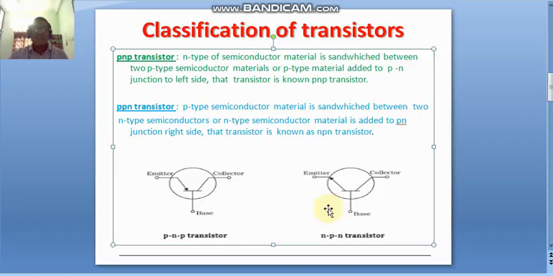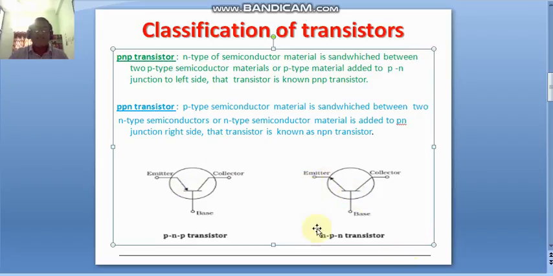Now if you observe the NPN transistor, the emitter is N-type, the base is P-type material, and again the collector is N-type material. Observe very clearly here that the conventional direction of the current in the NPN transistor is from the base towards the emitter.